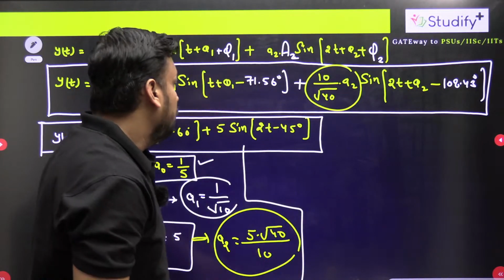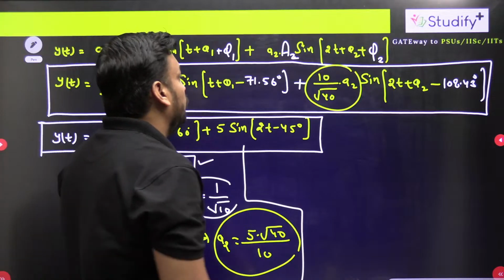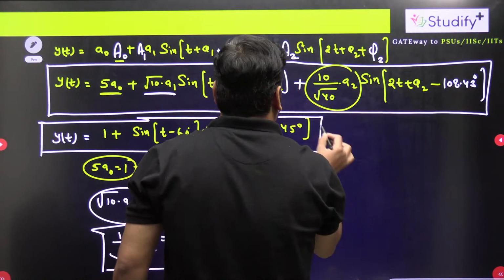Yes. Tell me now we have A0, A1, A2 also. Now you should compare this value also na. What is this value guys after comparison?